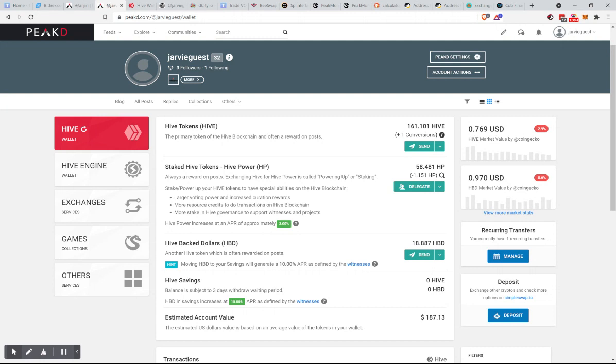Also repeat previous step, but by SPS, use Splinterlands to transfer to Splinterlands.